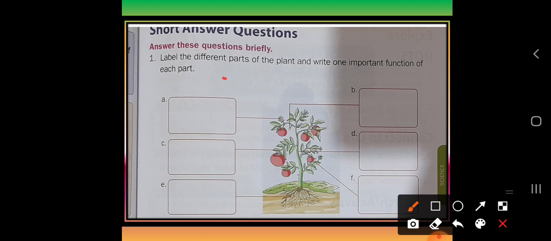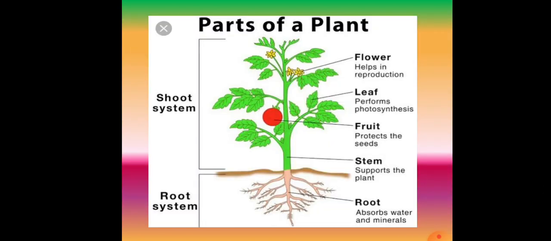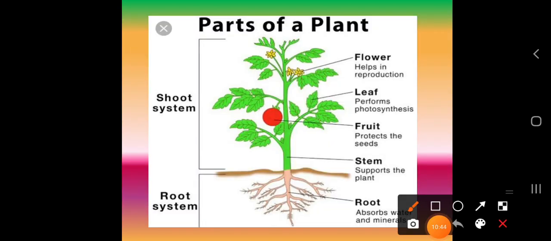Okay, so label the different parts of the plant and write one important function of each part. Dear students, you already know the parts of a plant, and you have to write the function. For this question we have an answer in this way. You can take the help of this image of the parts of a plant: flower, leaf, fruit, stem, root.